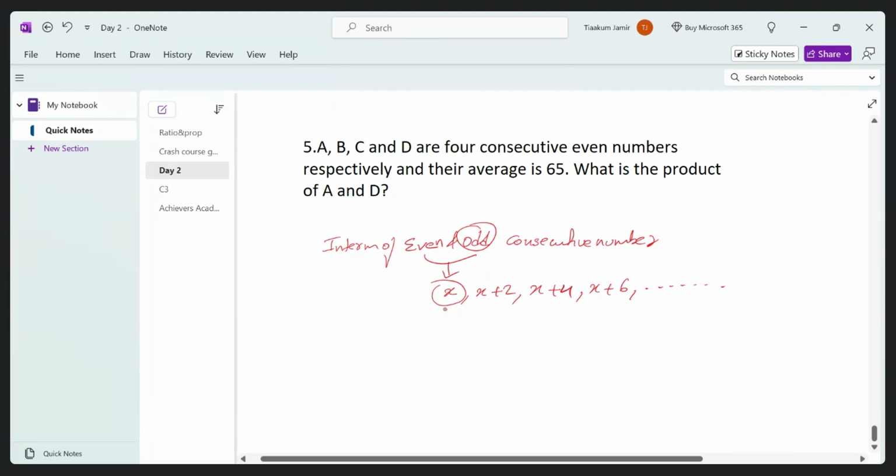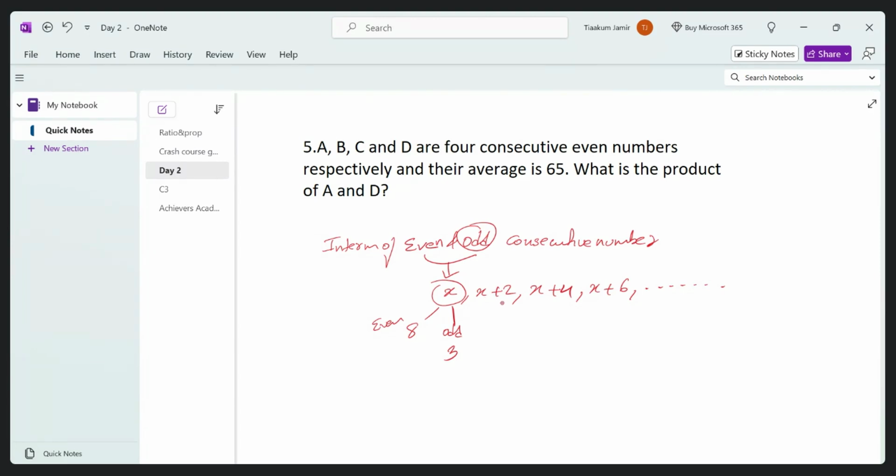Let us assume an even number, let's say 8. So 8 plus 2 is what? 10. 8 plus 4 is what? 12. See, consecutive or no? 8, 10, 12, 14, 16, and so on. Now let's take 3. 3 plus 2 is 5, plus 4 is 7, 9, and so on.